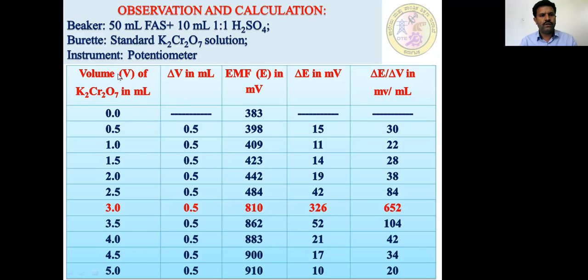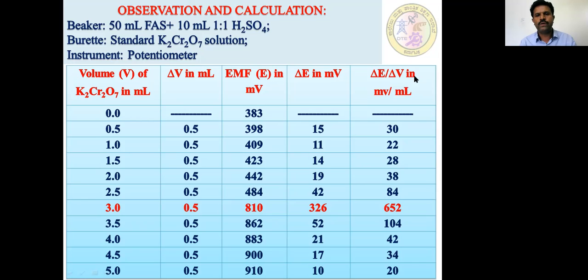So here, the first column is volume of potassium dichromate solution in ml. Second column, change in volume of potassium dichromate in ml. And third column, EMF or potential difference observed in the potentiometer, that is in millivolts, and change in EMF, that is delta E in millivolts.